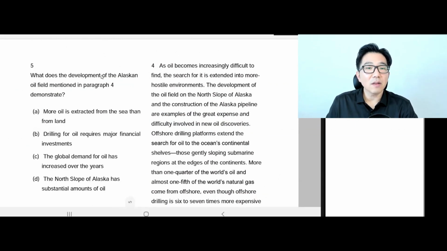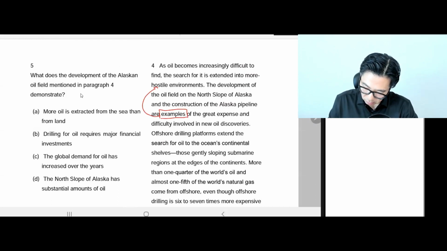What does the development of Alaskan oil field mentioned in paragraph 4 demonstrate? What does this show? Okay. So before we read the answer choices, we can say it's one of the examples of a hostile environment to get oil.